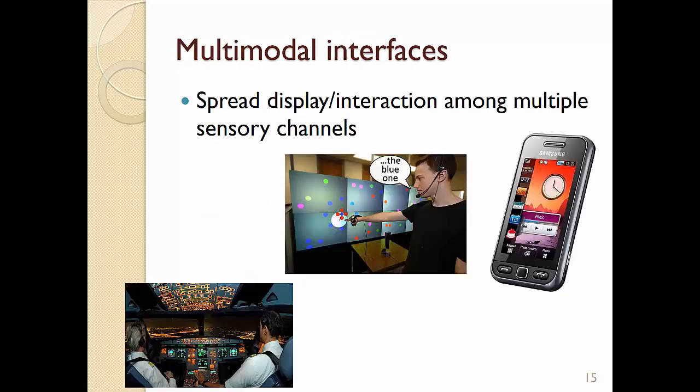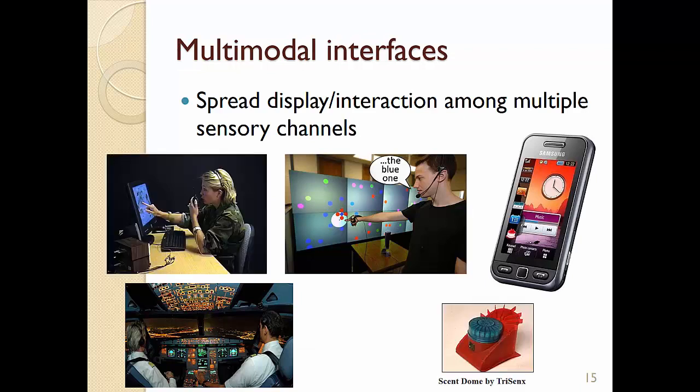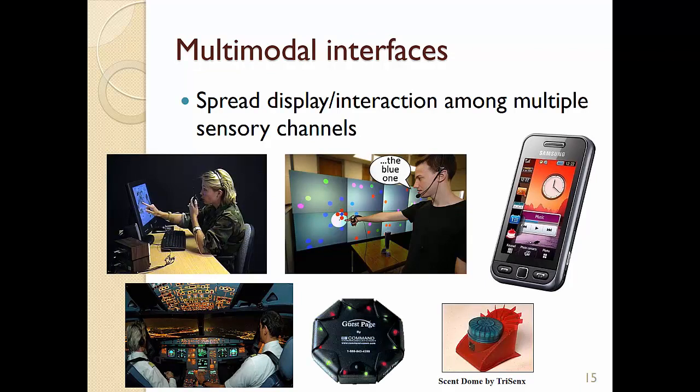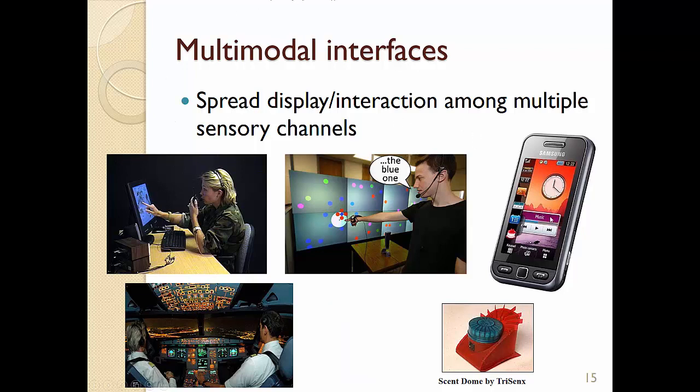And the way we can come up with solutions here is to say, okay, we know if we can separate the sensory channels involved in a task, that people can do more of them together. They can timeshare more effectively. And so that's another principle behind what we call multimodal interfaces, where we have multiple sensory channels engaged. The smartphone is a great one here because I can access what I need visually or auditorily.